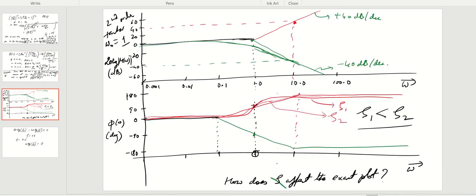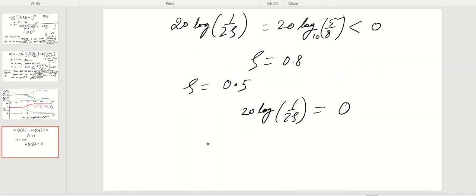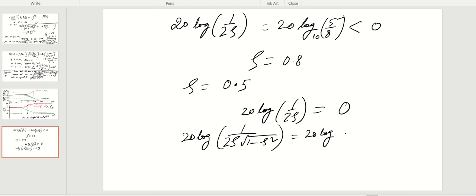So what is this value? Let me just try this. 20 log of 1 by 2 zeta root 1 minus zeta square. What will this value be? It is equal to 20 log 1 by 1 minus 0.25.